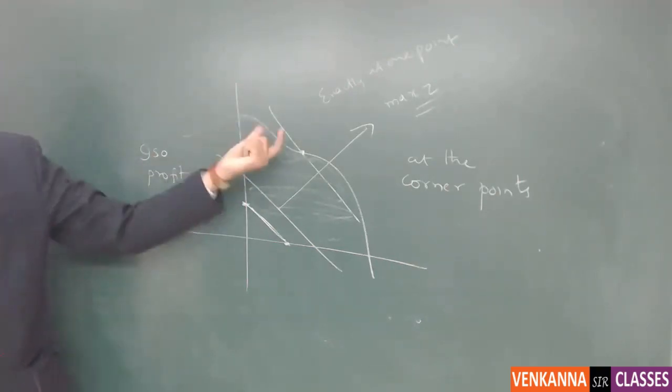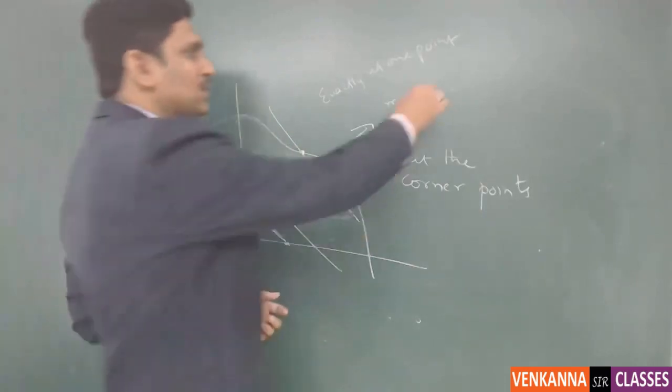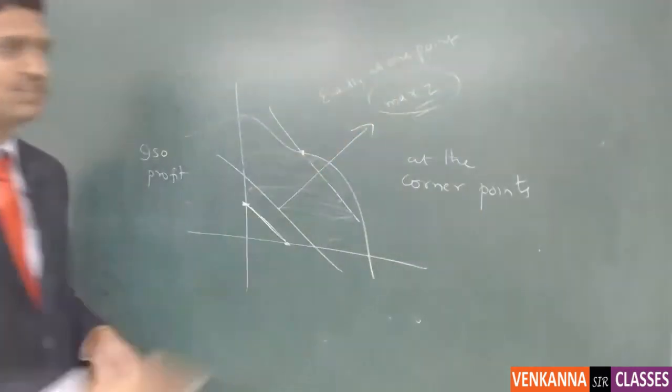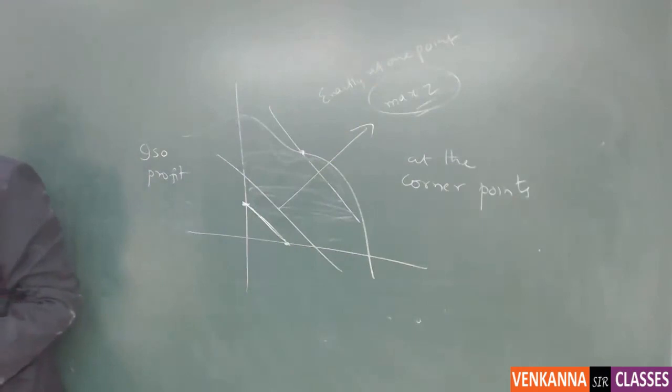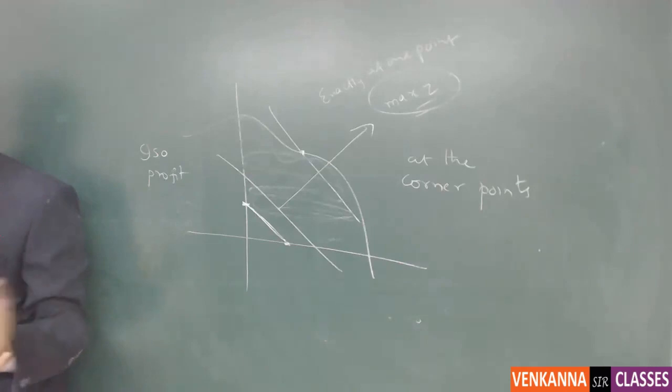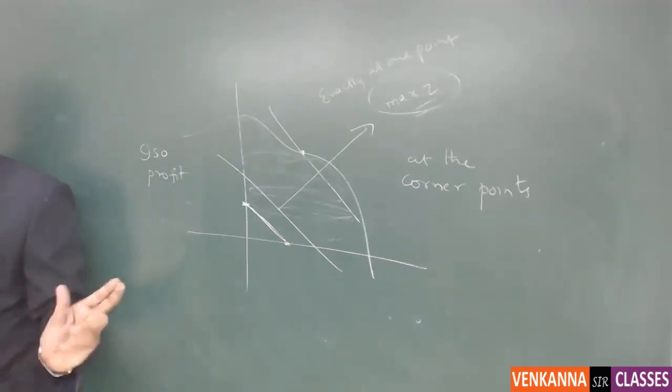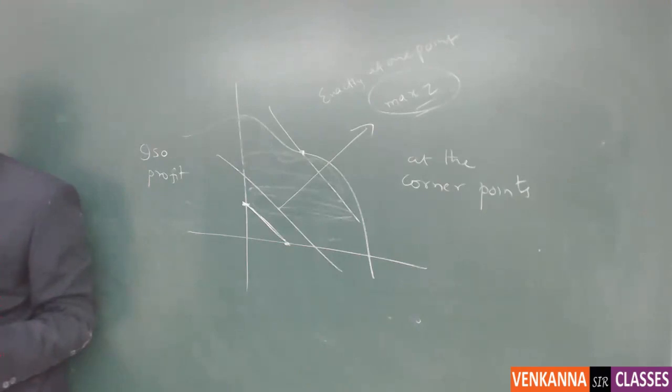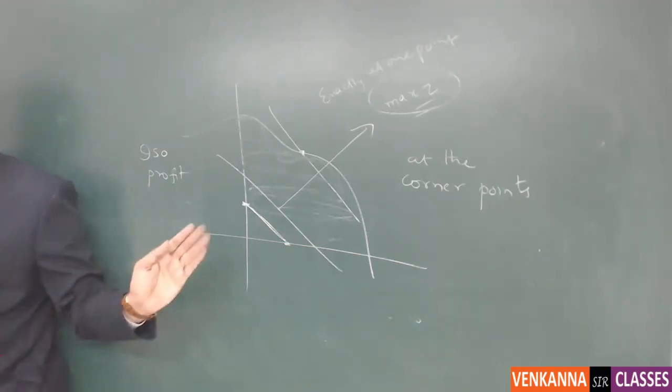At that point you will get the maximum value of z or the minimum value of z, whatever it is. That is one method, but we generally do not use it while solving the problem by the graphical method. Because the solution always lies at the corner points, we solve the problem by the corner point method only. So this method we generally won't use.